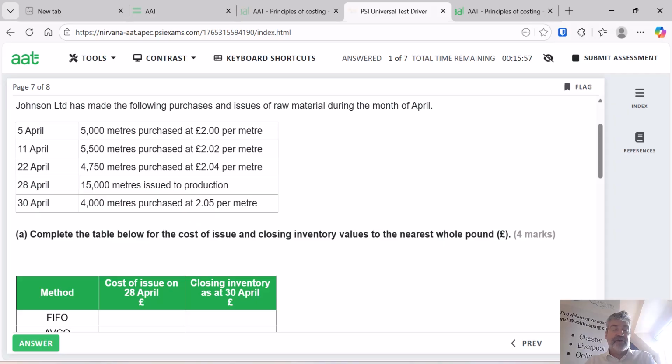If we add all those values up, 9,180 plus 11,110 plus 10,000, we get a total of £30,290.